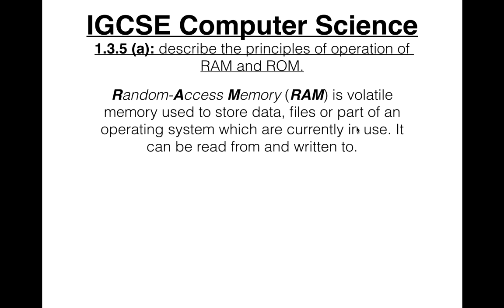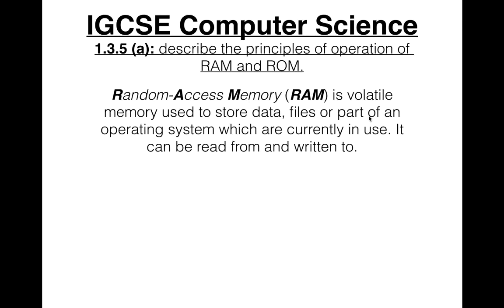So random access memory is volatile memory used to store data files or part of an operating system which are currently in use. It can be read from and written to. So it's important to keep that in mind because random access memory is volatile.